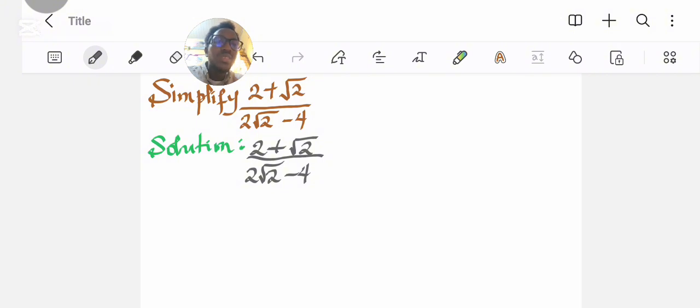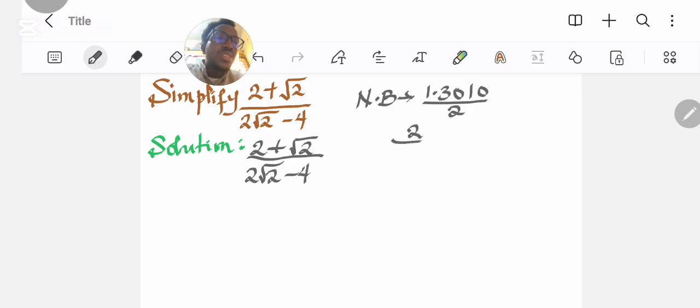For instance, if I say 1.3010 divided by 2, this is very easy for us to do. But imagine if I say 2 divided by 1.3010. This is a lot more difficult to do because of this decimal number at the denominator.